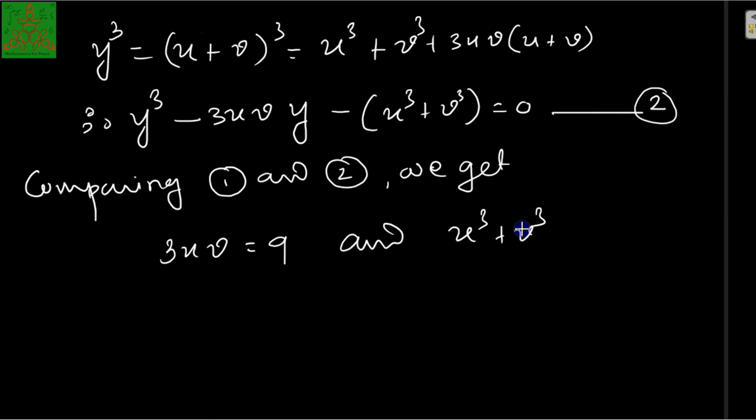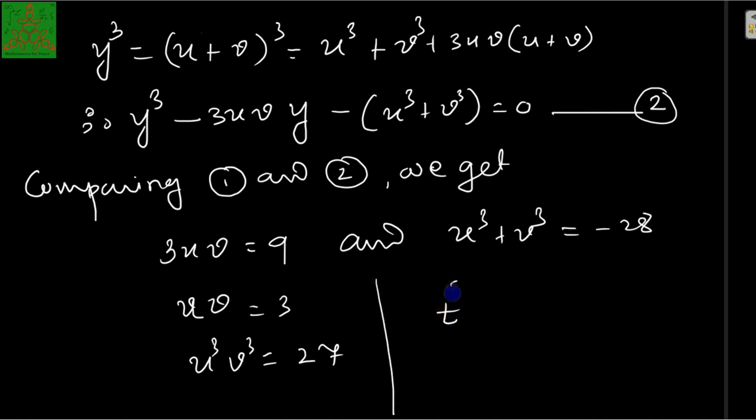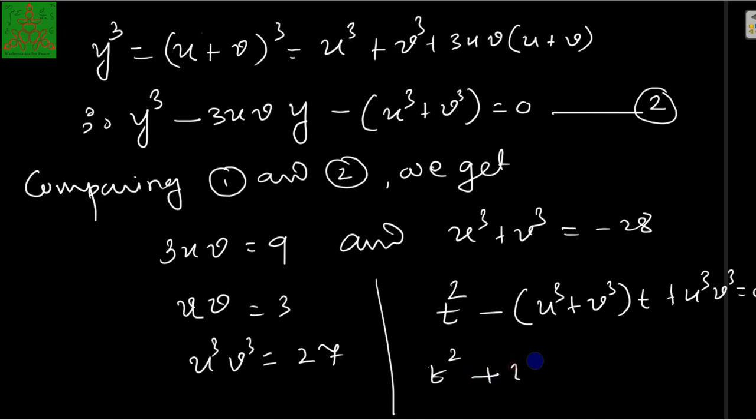So this is minus 28, and this will give you uv equal to 3, and the equation having u cube and v cube as roots is t square minus (u cube plus v cube) t plus u cube into v cube equal to 0. So this will give you t square plus 28t plus 27 equal to 0.